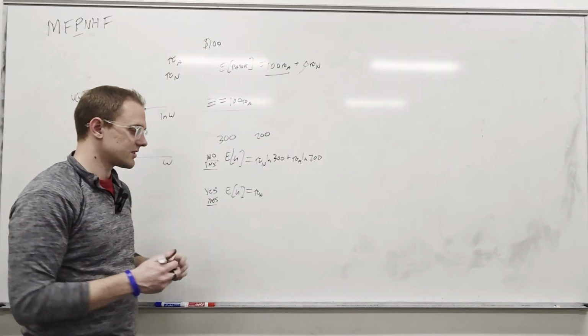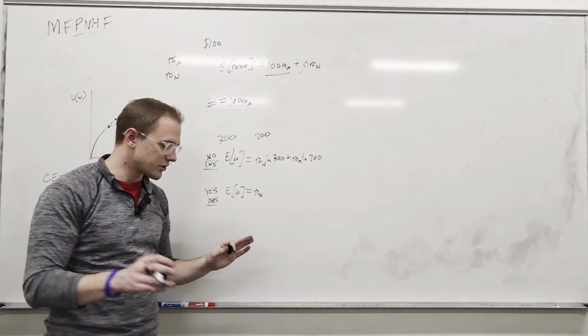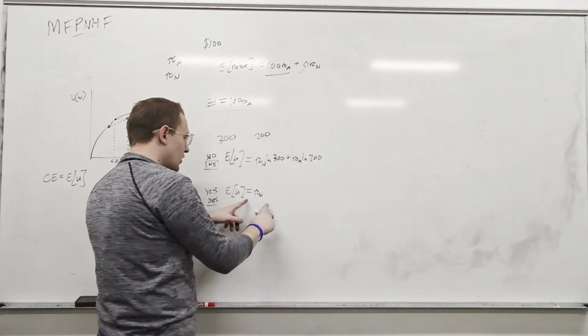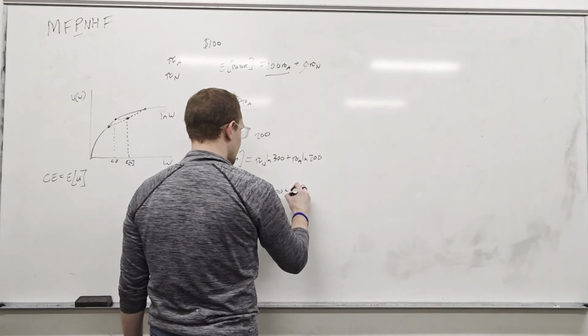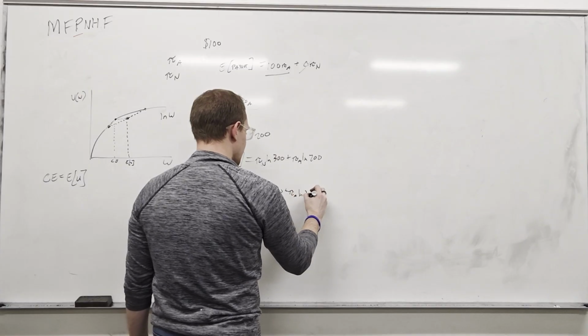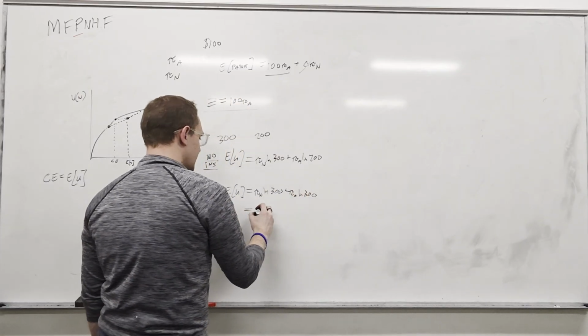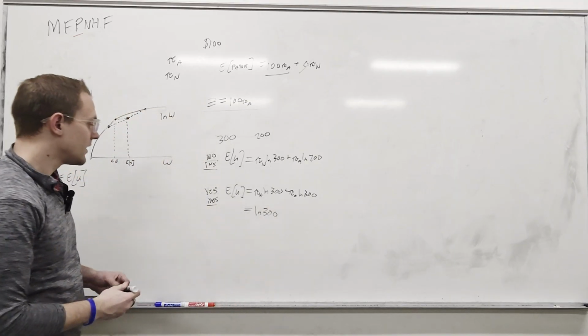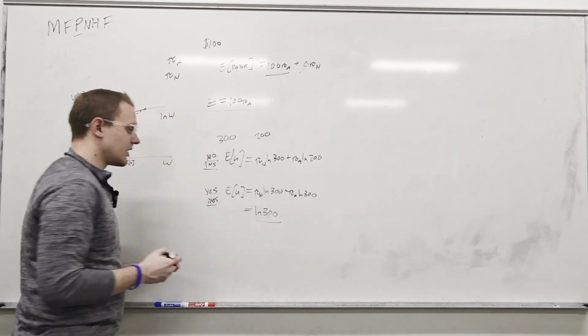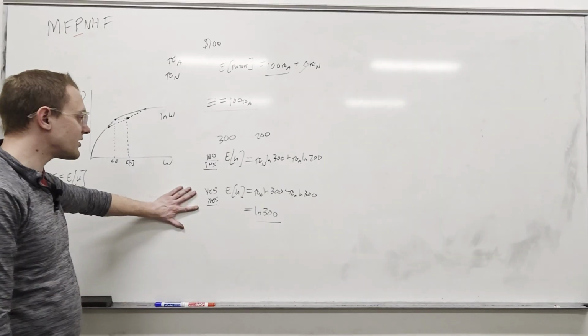This is full insurance. They could also have partial insurance, but we're just looking at full insurance in this case. So if they don't get into an accident, it's going to be log 300. And if they do get into an accident, it's going to be log 300. So really, their expected utility is literally just log 300. Okay? So that is their expected utility if they have insurance.